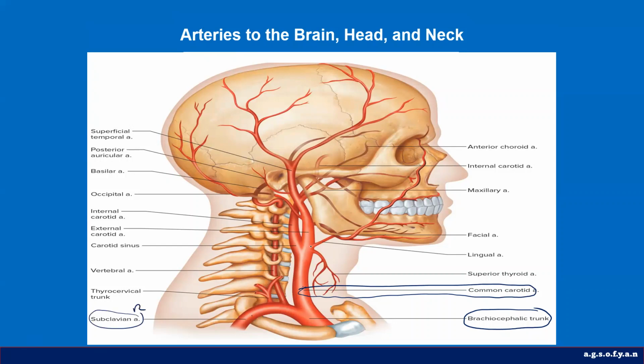And then this common carotid artery will be branching into the internal and external carotid artery. The external will carry blood to the outside area of the head, for example the skull and the skin of the head, and the internal carotid artery will carry the blood to the inside part of the brain.